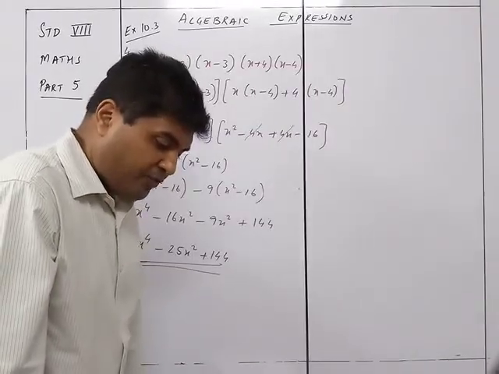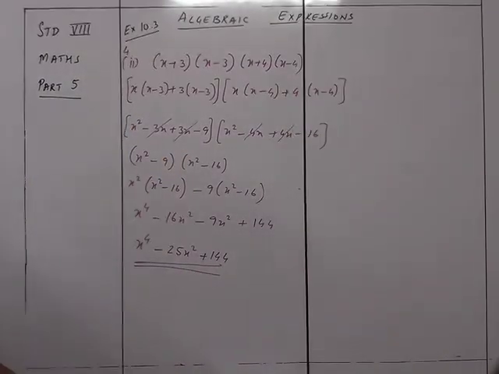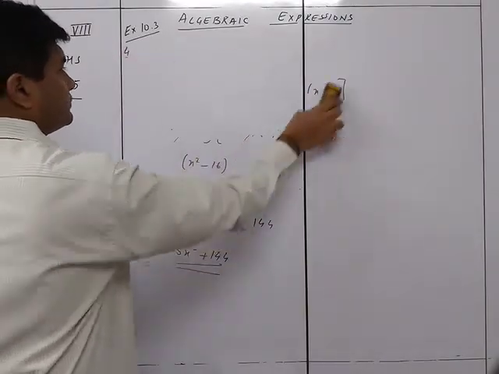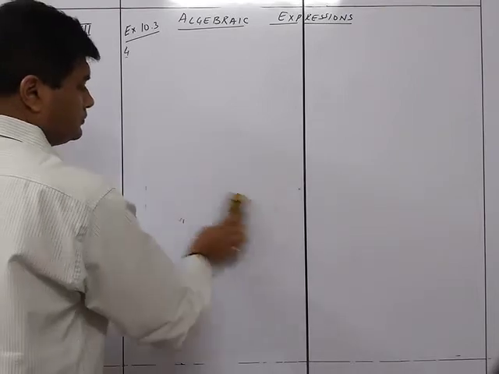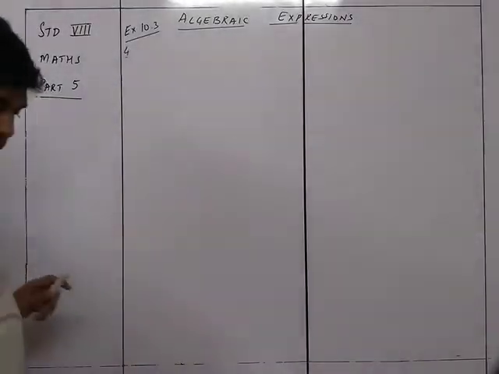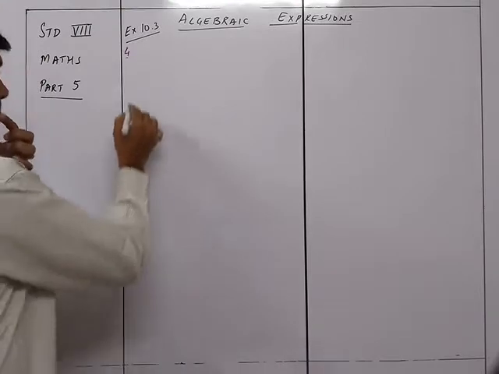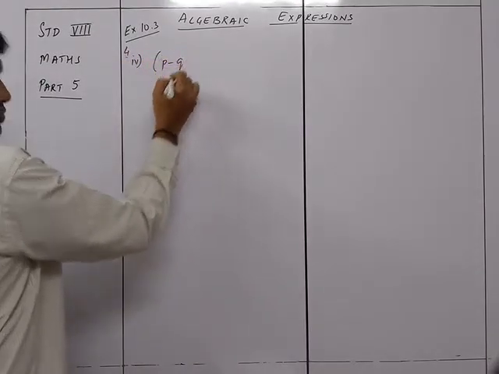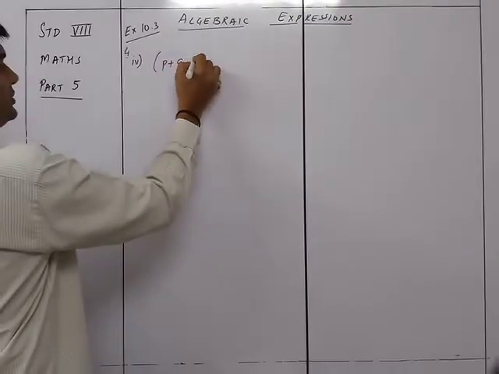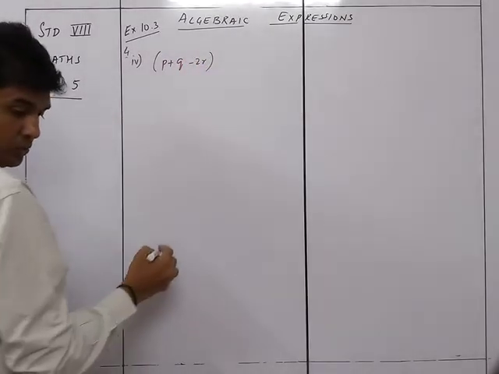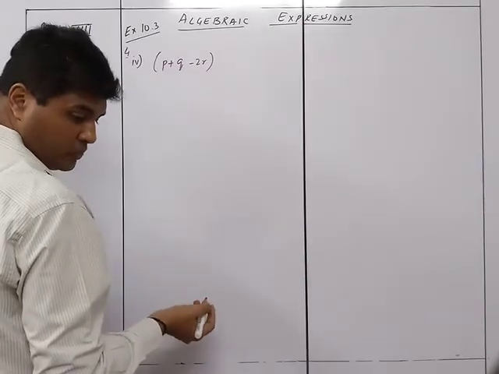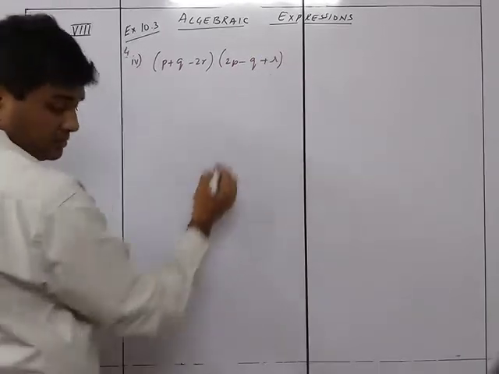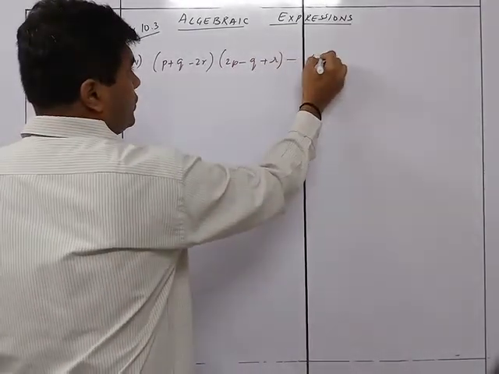We move on to sum number 4. P plus Q minus 2R into 2P minus Q plus R, minus 4QR.